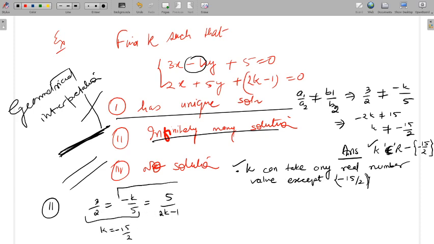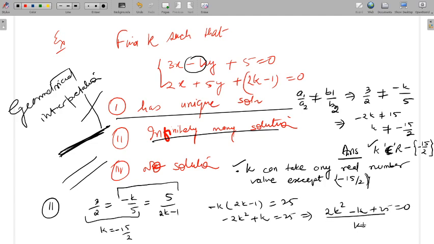The symbol is equality, so we'll put equal to here. Then from these two you will have, see, minus k into (2k minus 1) is equal to 5 fives are 25. This becomes minus 2k square plus k is equal to 25, and you have got a quadratic equation here now: 2k square minus k plus 25 is equal to 0. Now you need to solve this to find the value of k, and you will see that this k is not equal to minus 15 by 2.